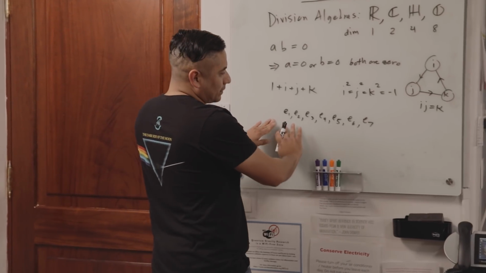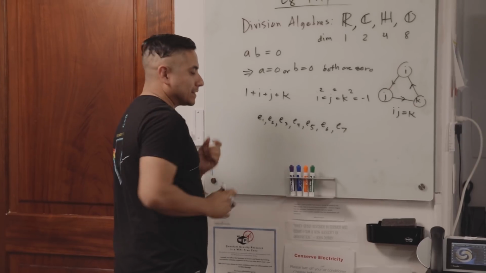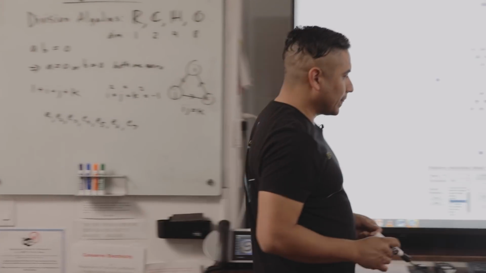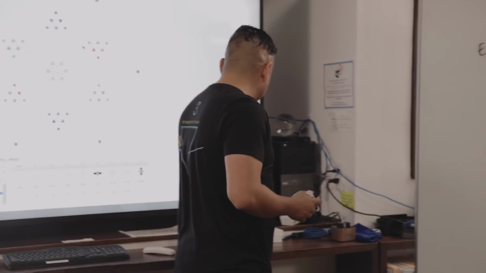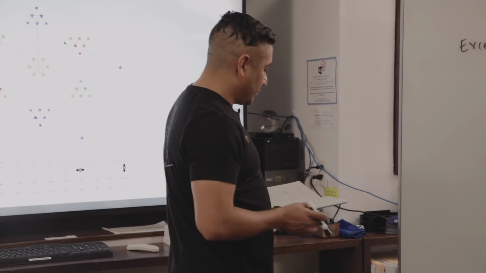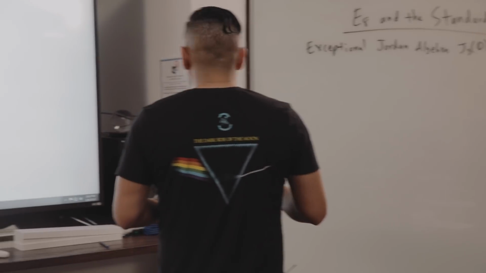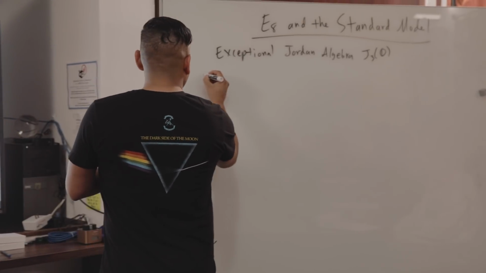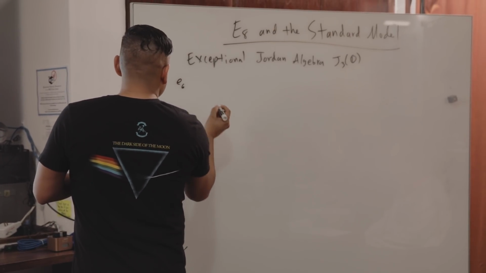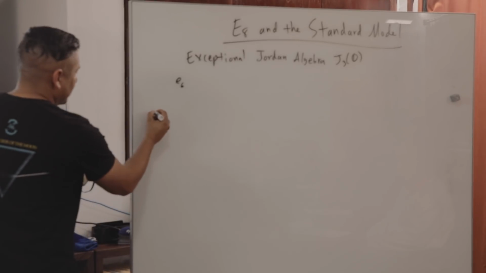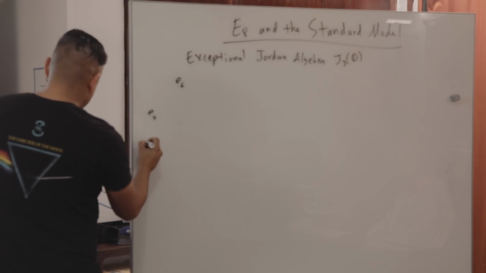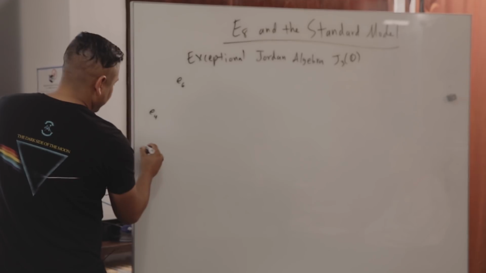The multiplication graph for this can be written by drawing the Fano plane out. So I'll go ahead and draw it over here. Let's go with an E6 here, E4, E3.